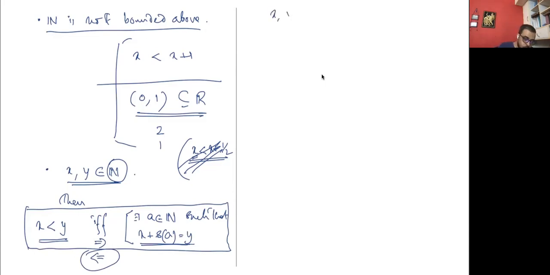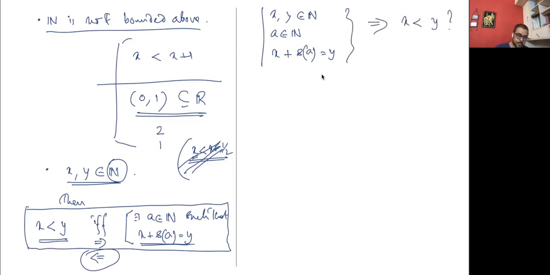We are taking two elements from N, and a is another element, and you assume that x plus S of a is y. Does that imply x less than y? From whatever we have done till now, can we conclude this?